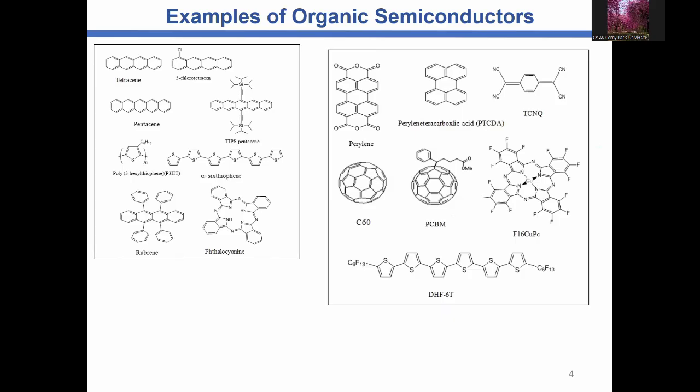So in terms of electronic structures, they can be acting as an acceptor of electrons, and this one acts as a donor of electrons.